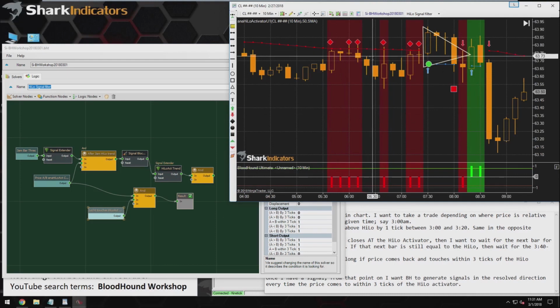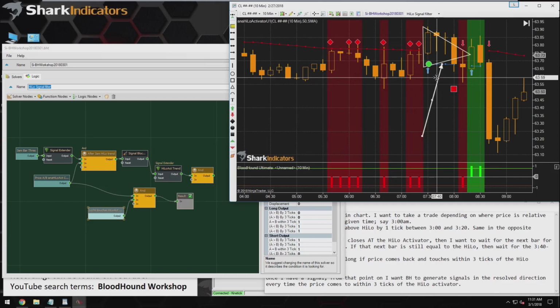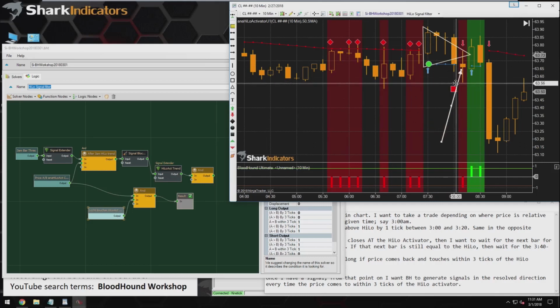So, yeah, looking good. Price is too far away from it, and now here the high-low indicator is on the wrong side. Price is on the wrong side of the high-low indicator, and then it flips again. Yeah, it flips again. All right.